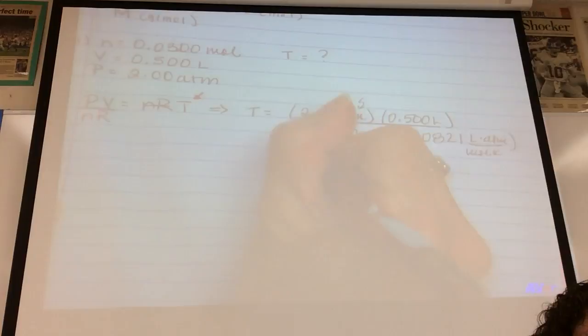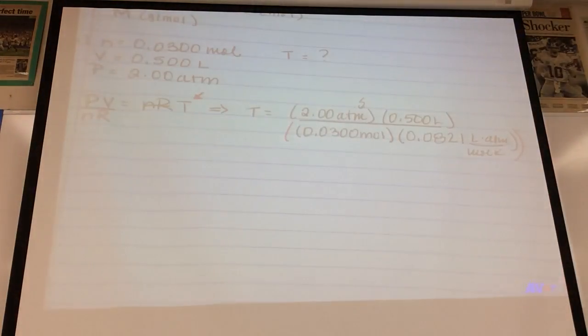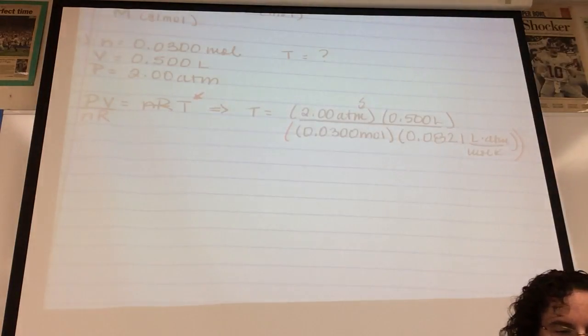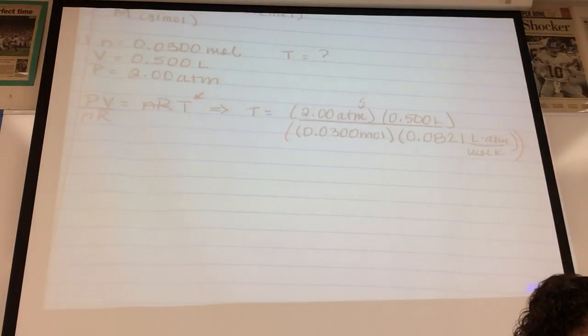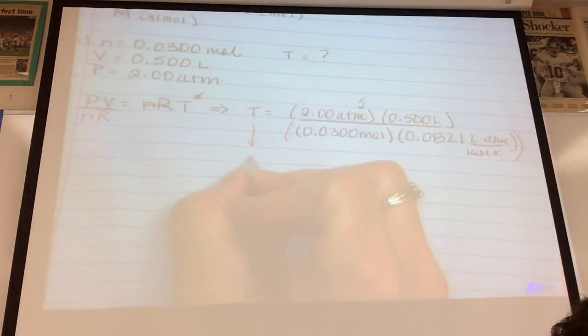In your calculator, you will need to bracket off the denominator so that you can solve it correctly. So what we've got here, basically, is 2 times a half, which is 1, divided by open parentheses 0.03 times 0.0821 close, and that's going to be 406 Kelvin.